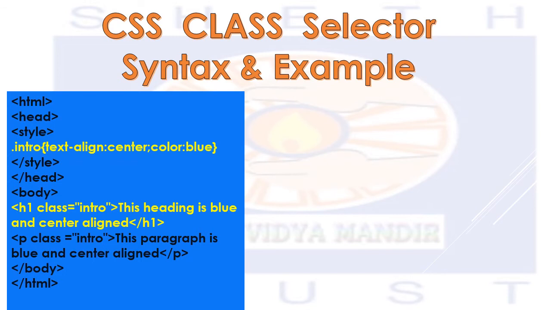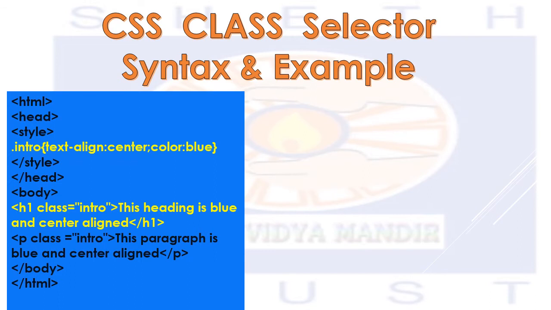Now you can see it's written in yellow, that this heading is blue and center aligned, and close the H1 tag. This means that whatever CSS I have given over here, these specifications will be applied to this particular H1 tag sentence only. Now see the next sentence, where the P tag, that is a paragraph tag, is given with class intro.